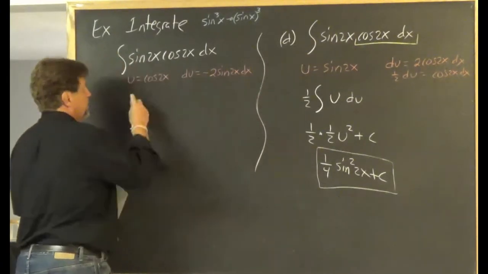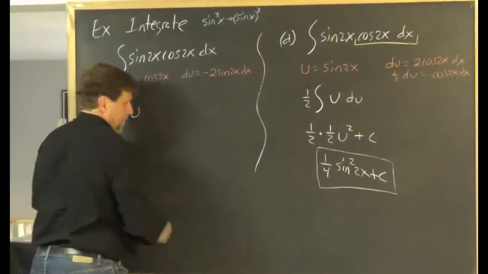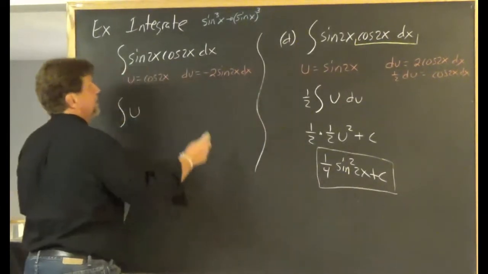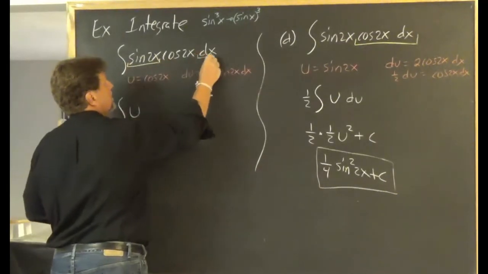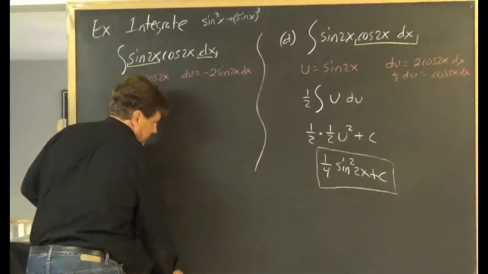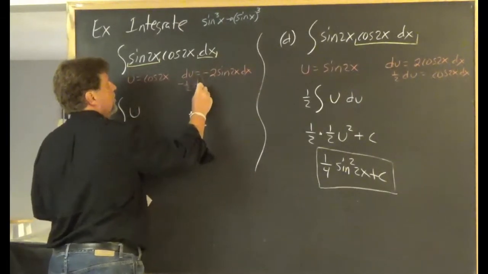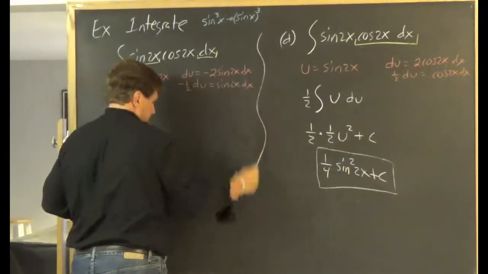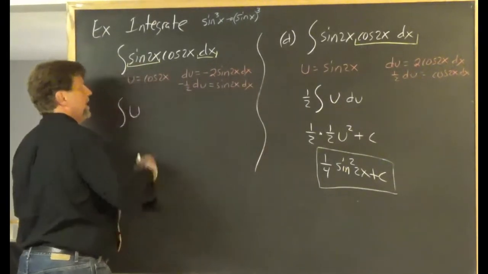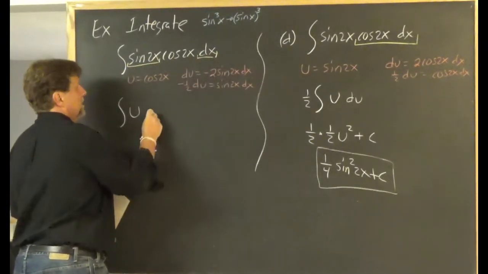And when we substitute in, here's my u. I still have left in the original integrand the sine 2x dx, but that's negative 1/2 du. So I substitute in negative 1/2 du for the sine 2x dx.